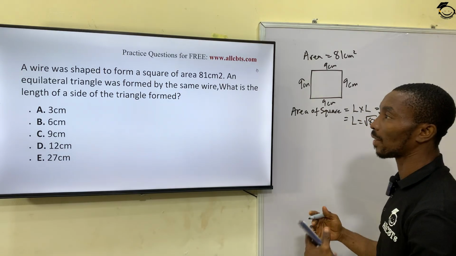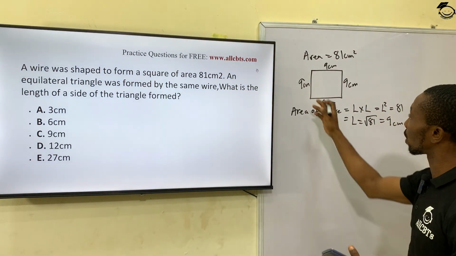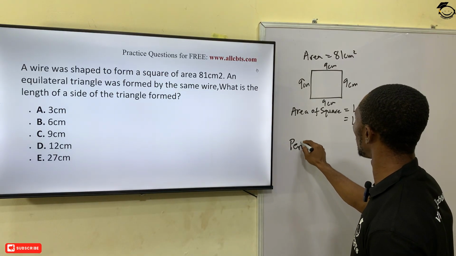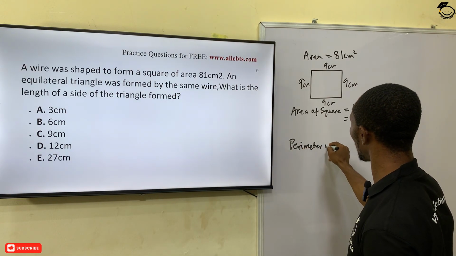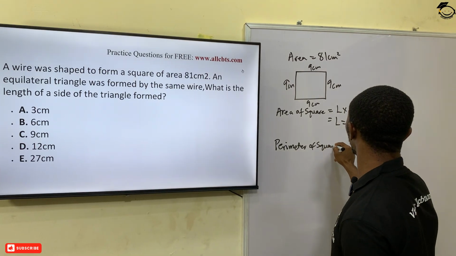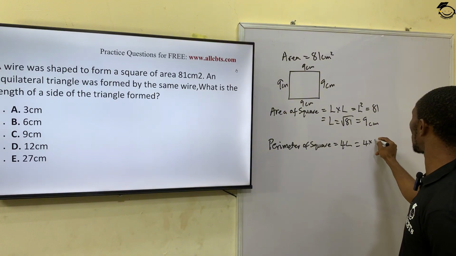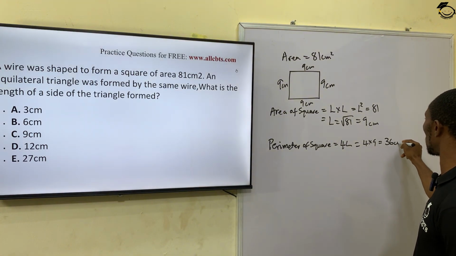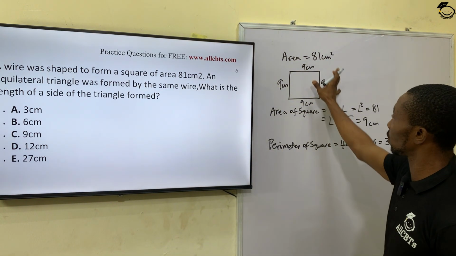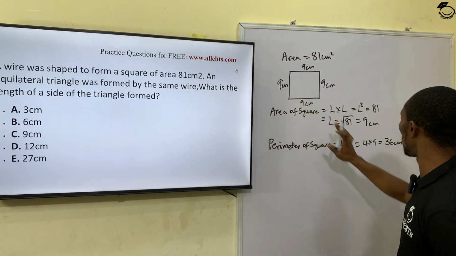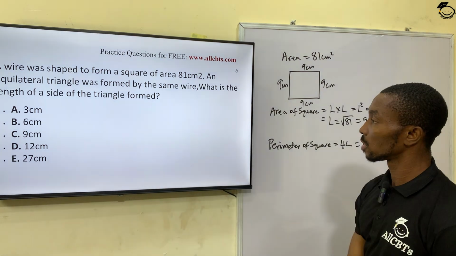So for us to know the entire length of the wire, we'll calculate the perimeter of the square. So the perimeter of the square would be 4L, which is 4 times 9, which gives us 36 centimeters. So the perimeter of this square will be 36. 9 plus 9 plus 9 plus 9 would give us 36 centimeters.